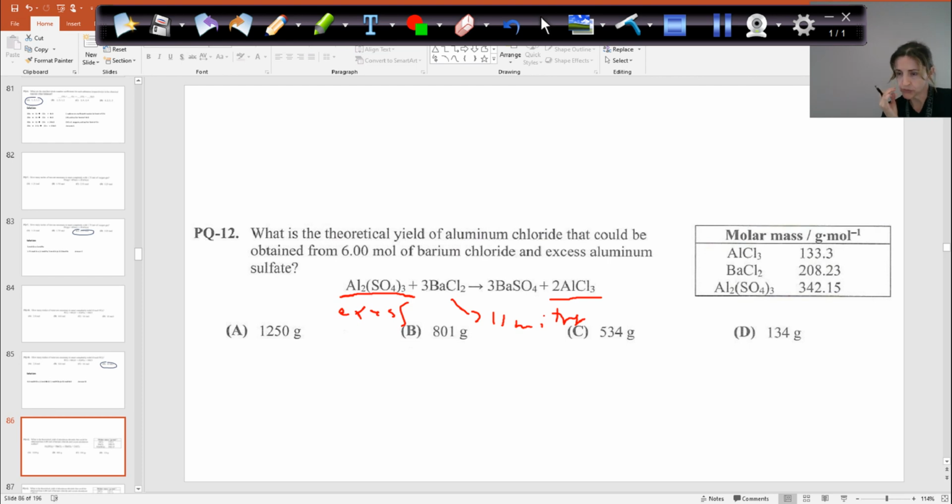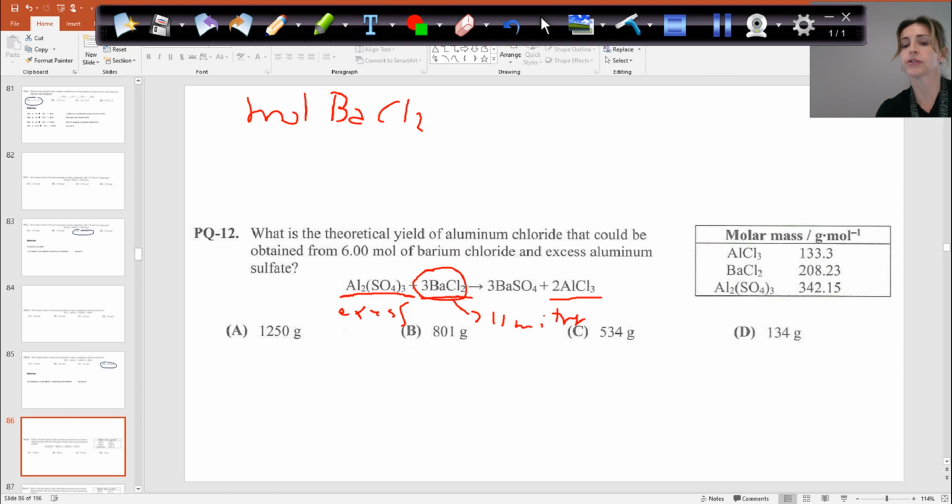They're kind enough to give us all the molar masses, but we start from barium chloride, which is given in moles. So this problem will be going from moles of barium chloride, using the coefficients of the balanced chemical equation, to what?